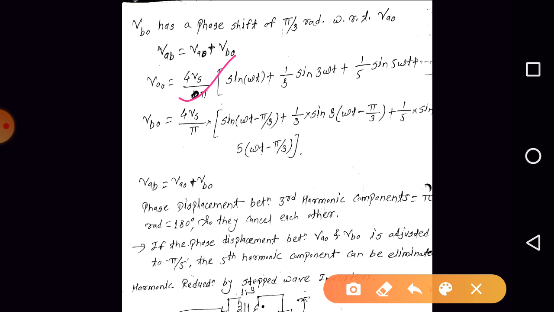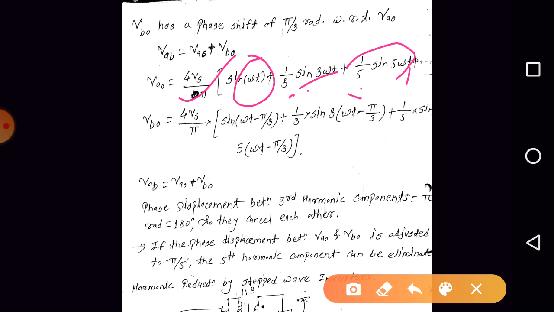For the fundamental it is 4Vs by pi into sine of omega t, plus for the third harmonic 4Vs by 3 pi into sine of 3 omega t. I have taken 4Vs by pi common, so it is 1 by 3. For the fifth harmonic it is 1 by 5 into sine of 5 omega t, and so on.